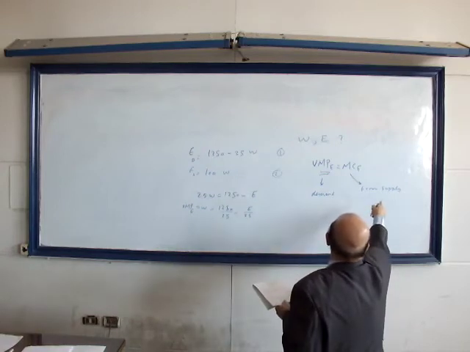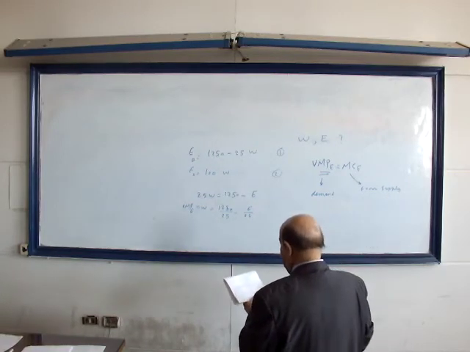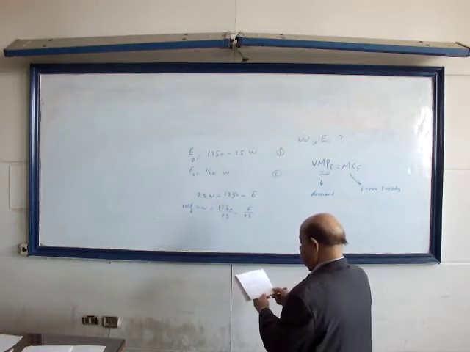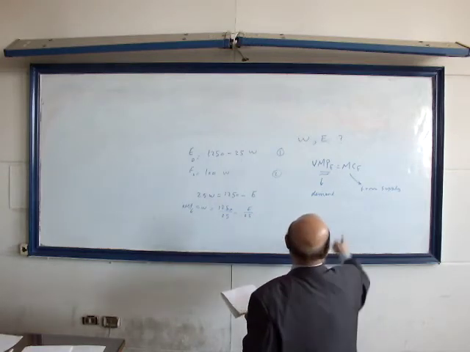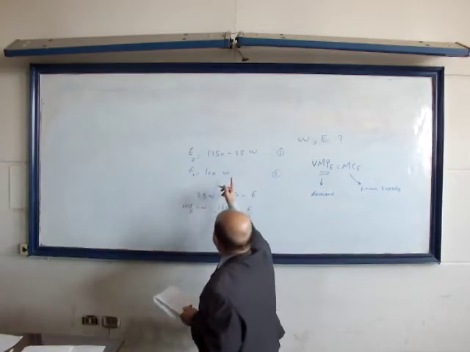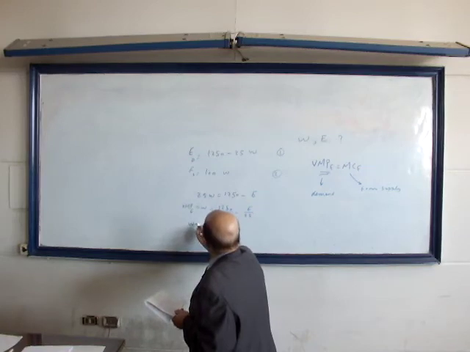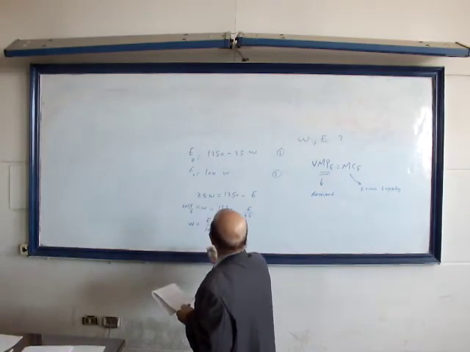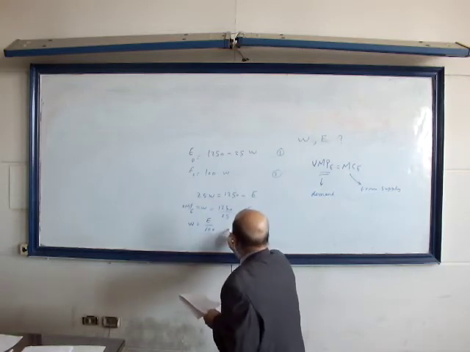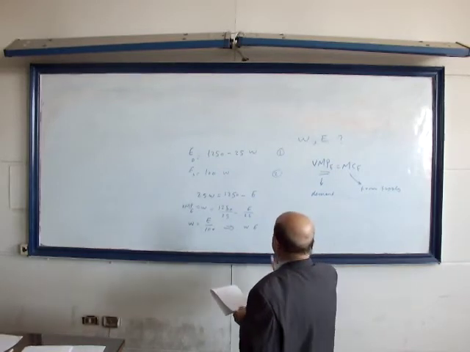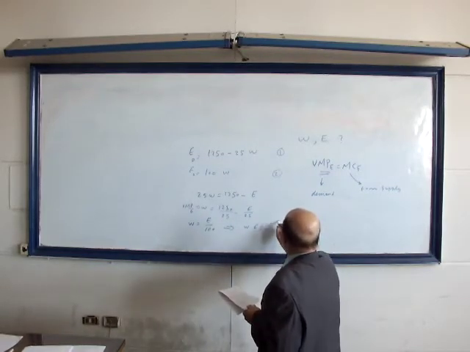Okay, how do we get the MCF equation? MCF we get from supply. From supply, we could say that W just equals E over 100. Then we multiply W by E. If you multiply W by E, you get E squared over 100.